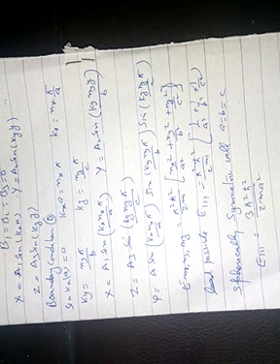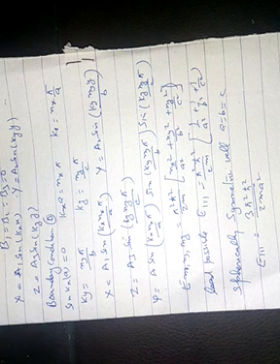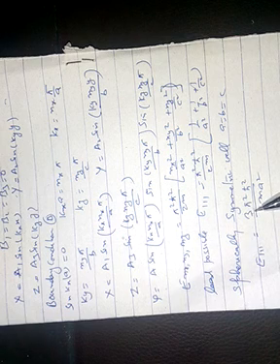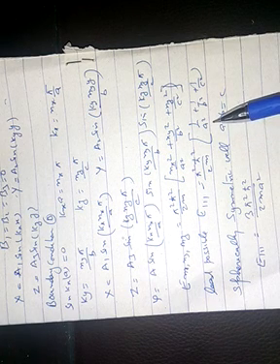Now for a spherically symmetric well, that is when a is equal to b is equal to c, we get E111 is equal to 3 pi square h cross square upon 2m a square.